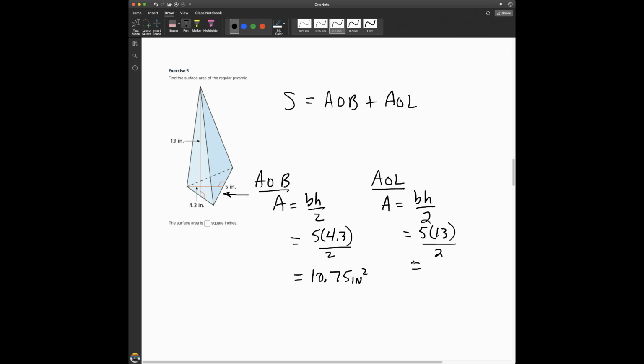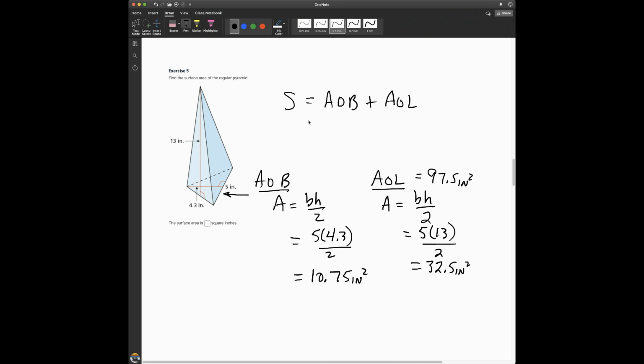So 5 times 13 divided by 2 is 32.5 inches squared. But again, that has to be multiplied by 3. So the area of the lateral faces is 97.5 inches squared.